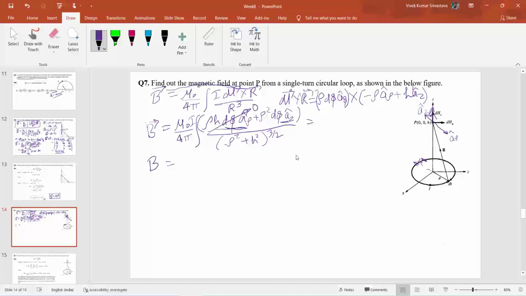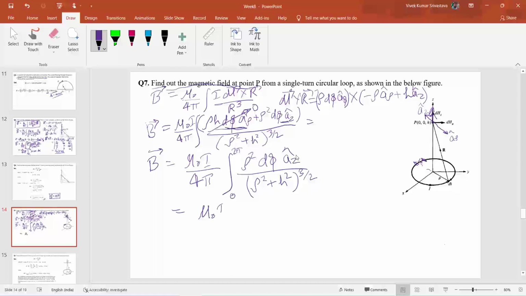So B is defined as μ0 I by 4π integral ρ² dφ az over ρ² plus h² raised to the power 3/2, okay. And for dφ the integral limit we have to consider from 0 to 2π, okay. So now you can calculate the value of the integral.